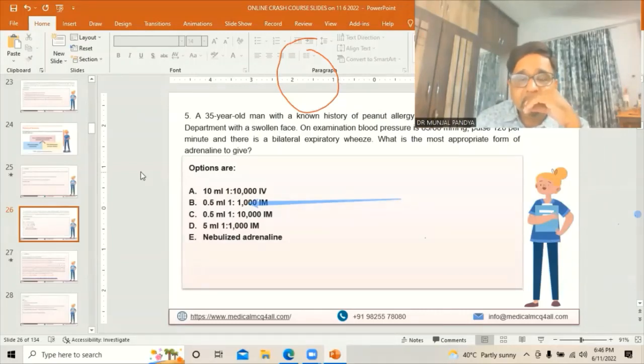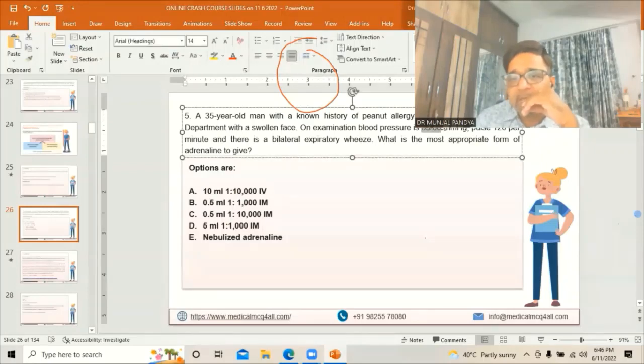Anaphylaxis. Excellent. So the complete answer is anaphylactic shock, not just anaphylaxis. Why? Because if you look at the blood pressure, it is a shock blood pressure. Again, a tip from my side: any blood pressure less than 90, consider until proved otherwise that this patient is in shock.